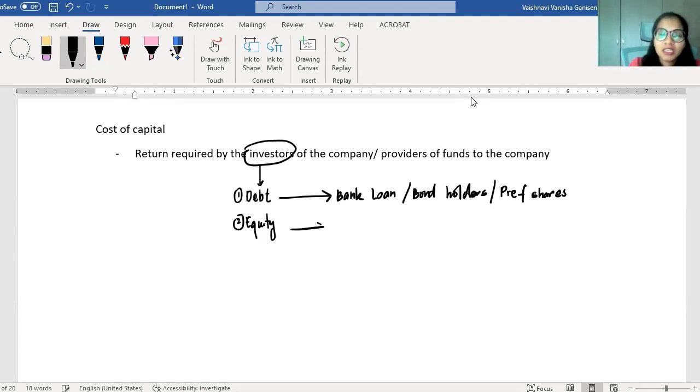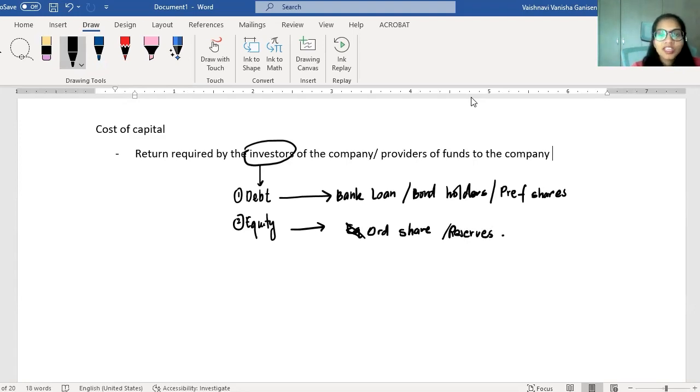Your cost of equity, guys, is normally ordinary shares. Why? Because that's the only type of equity that is tested in your examination. Now, assuming he gives you reserves, then you need to know how to use reserves as well.